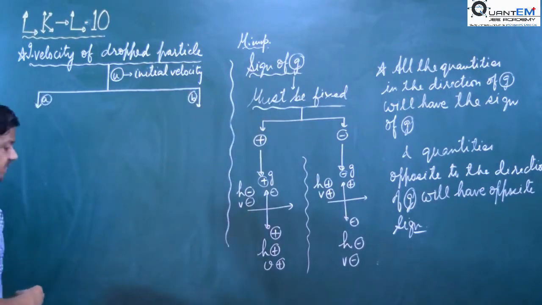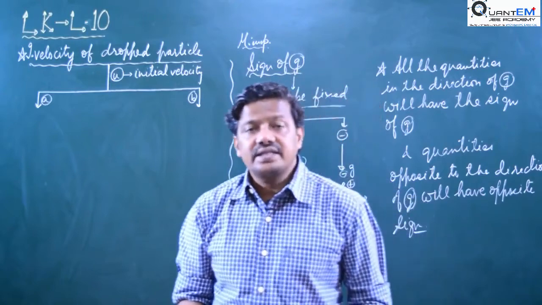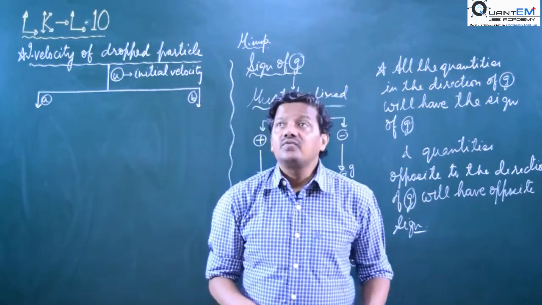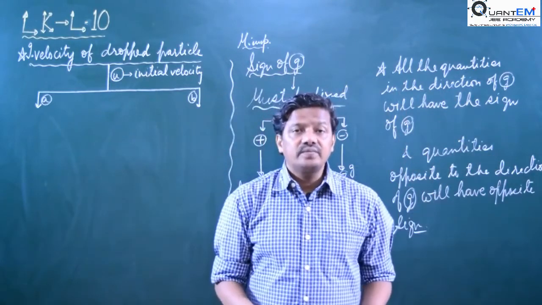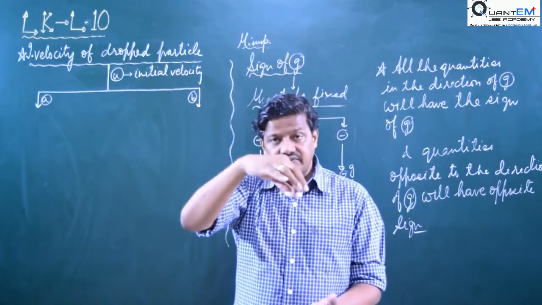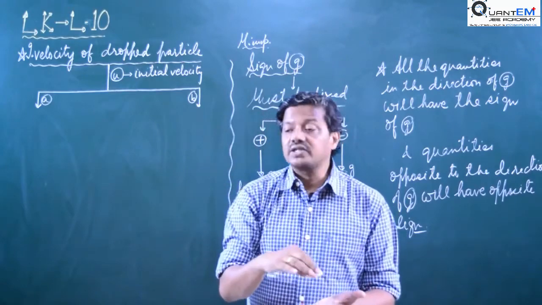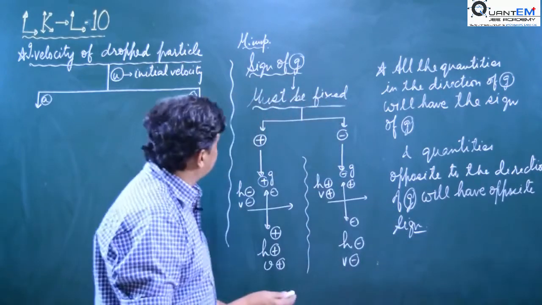The initial velocity of the dropped particle is 0 for an observer inside the reference frame. Like for me, this room is the reference frame, so I am inside the reference frame. If a particle is dropped inside the reference frame, for the observer, I am the observer, the initial velocity of the dropped particle is 0.